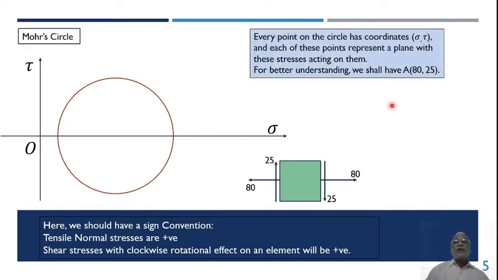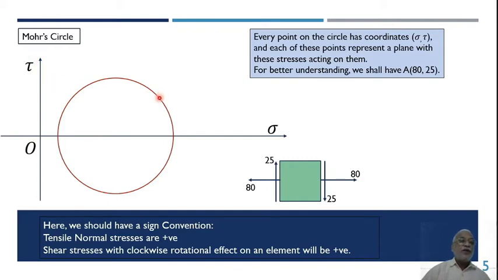So what is Mohr circle? Every point on the Mohr circle has coordinates sigma and tau. You know that we are plotting sigma, the normal stress, and tau, the shear stress.